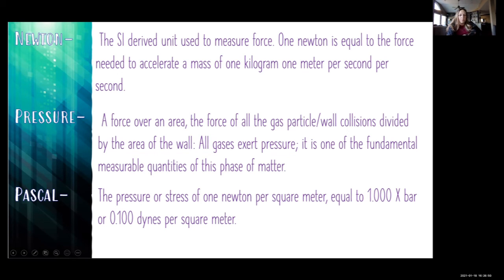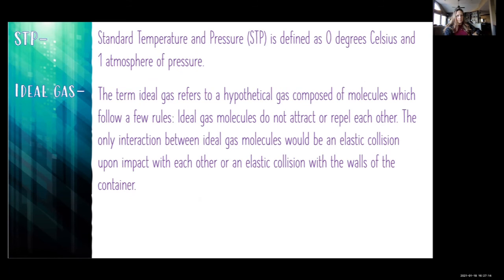All gases exert pressure. It is one of the fundamental measurable quantities of this phase of matter. A Pascal is the pressure or stress of 1 Newton per square meter, equal to 1.000 times bar or 0.100 dynes per square meter, sorry. There's lots of ways to measure pascals.